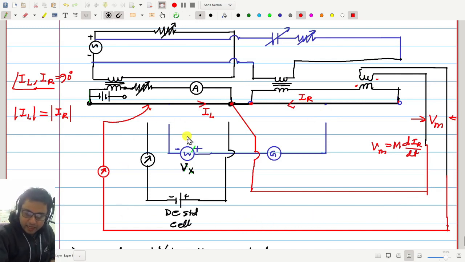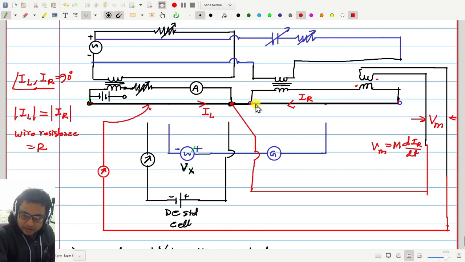Suppose the wire resistance is R, so from here to here the resistance is R, then this voltage is IL times R.